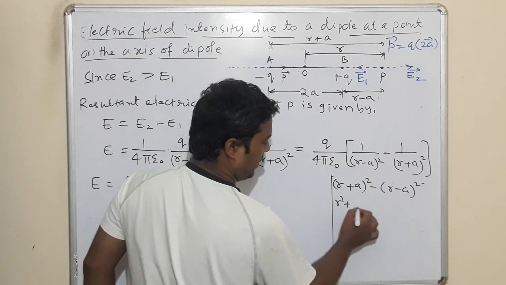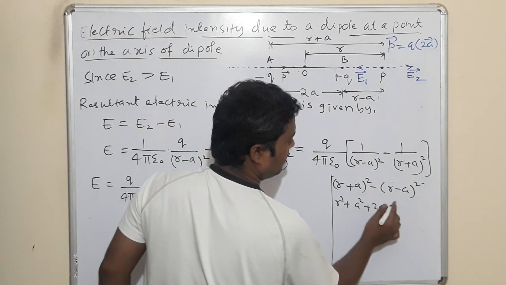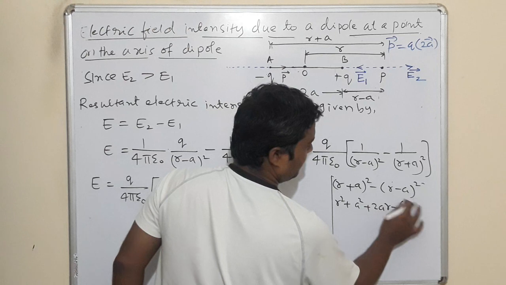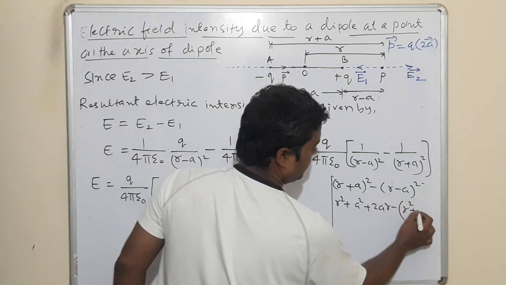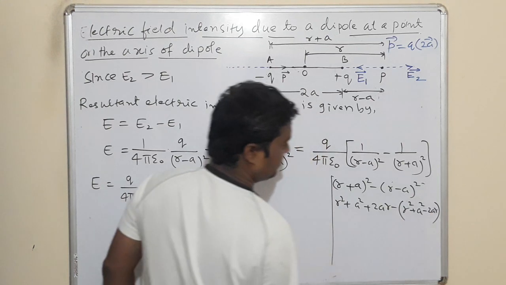This will be r square plus a square plus 2ar, minus the a minus b whole square, which is r square plus a square minus 2ar.